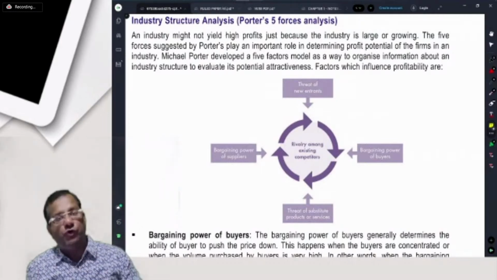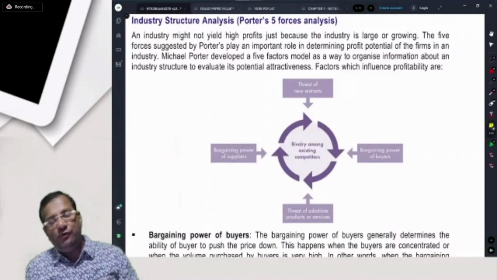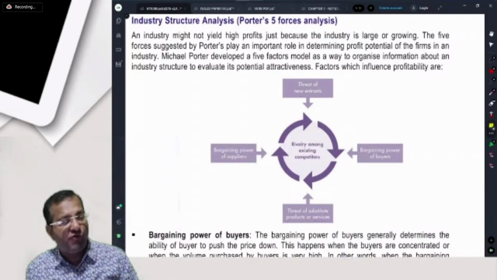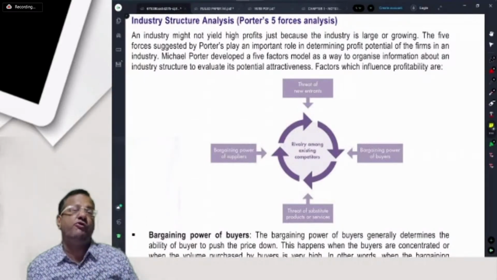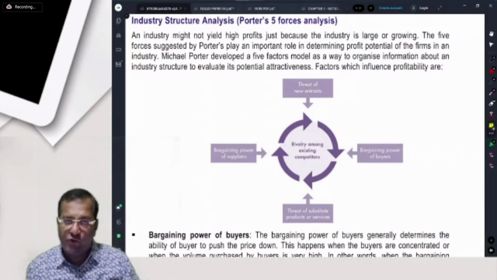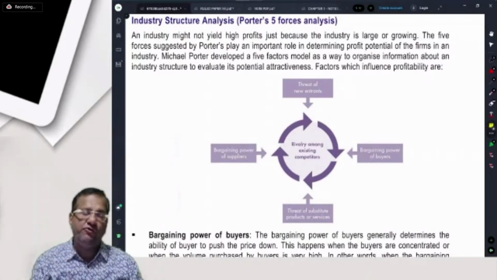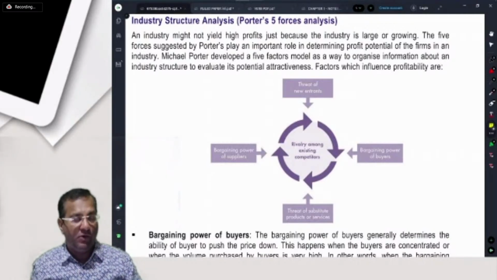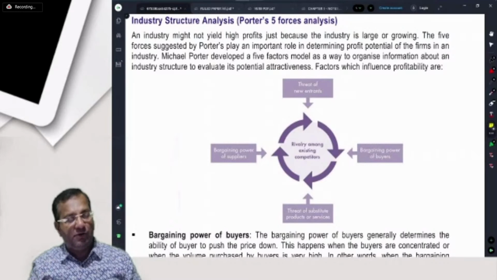Okay, beta. So what this model is: whenever my client wants to enter an industry, he asks me whether that industry is attractive to the client or not. Then on which basis will we decide? We will decide on the basis of Michael Porter's 5 Forces model. There are 5 points on which we will evaluate our client's entry into that particular industry.